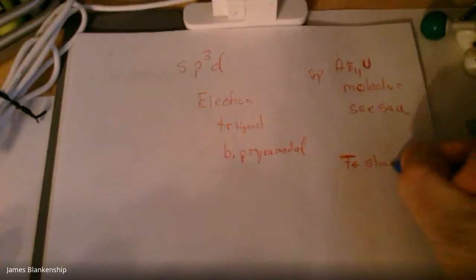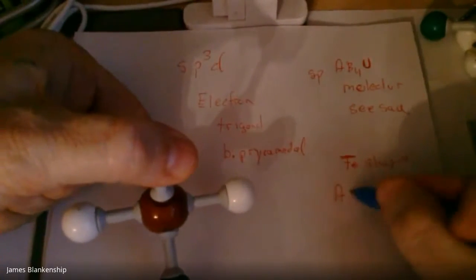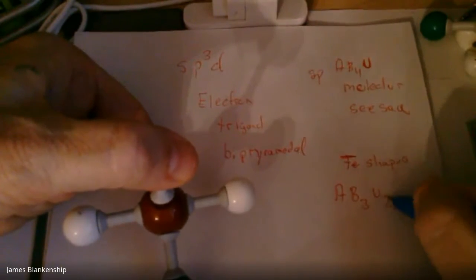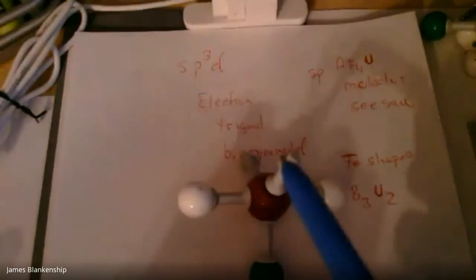That's our T-shaped. T-shaped is sometimes abbreviated as AB3U2. Not the band, it's just saying 2 unshared, 2 unpaired sets of electrons. That's our unpaired series.